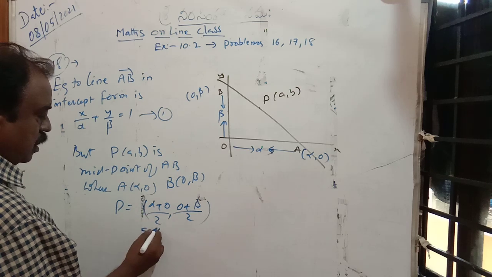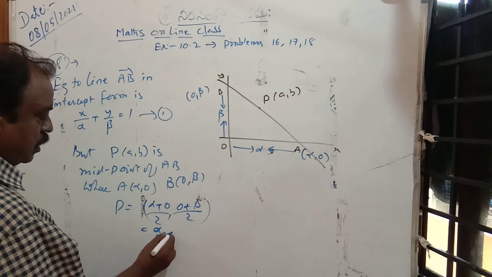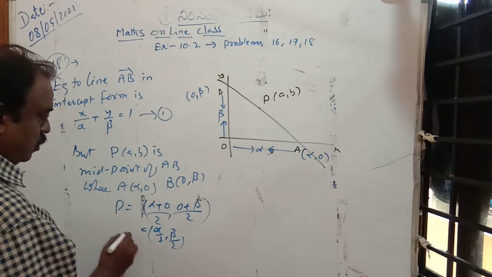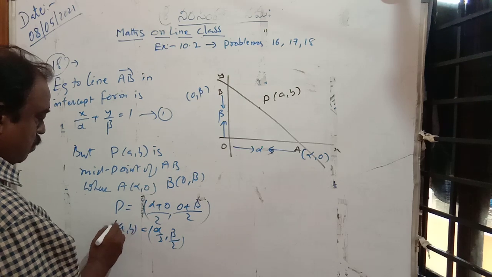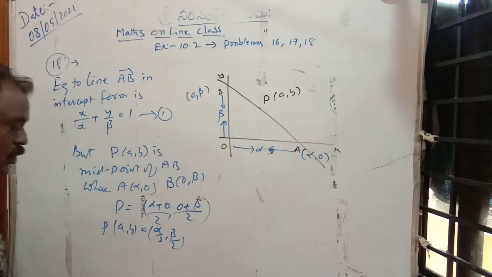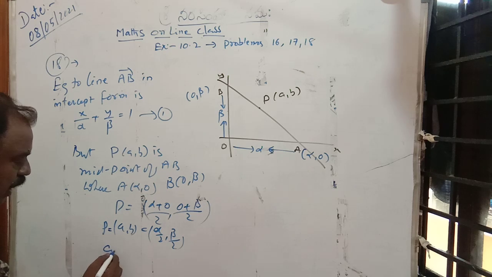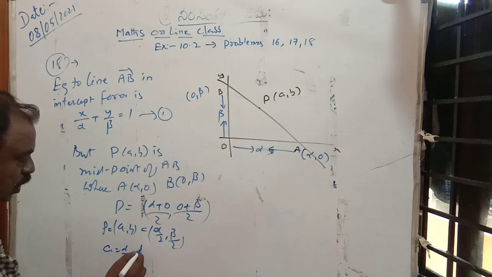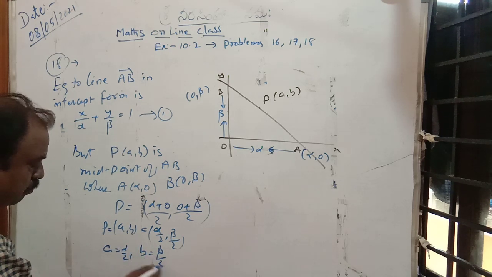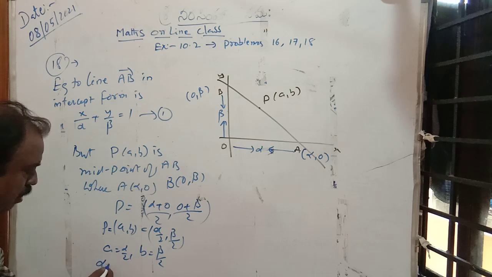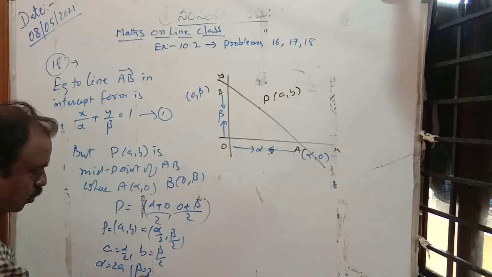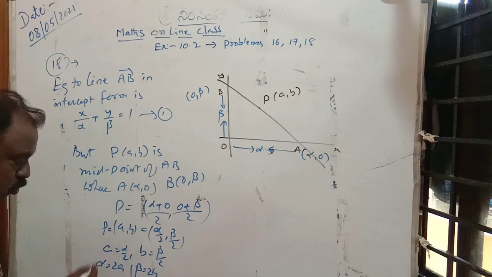So it is alpha by 2 comma beta by 2. This is a comma b, given. So what is a? Alpha by 2. What is b? Beta by 2. That means alpha is equal to 2a, beta is equal to 2b. The 2 comes to this side.